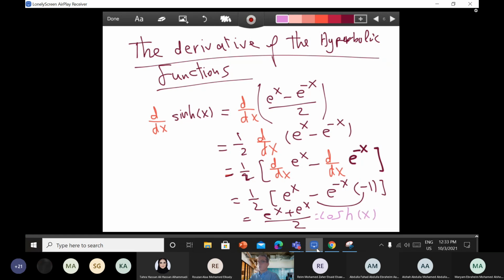So it is similar to the derivative of trigonometric functions. The derivative of sine is cosine, right? So this is the first example. Let's do the cosh. D by dx for cosh x.